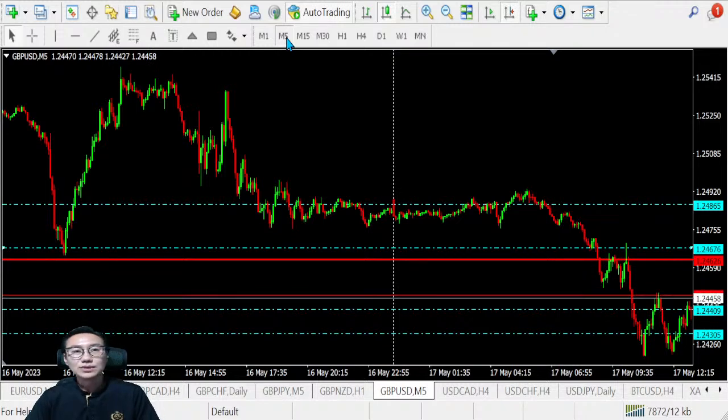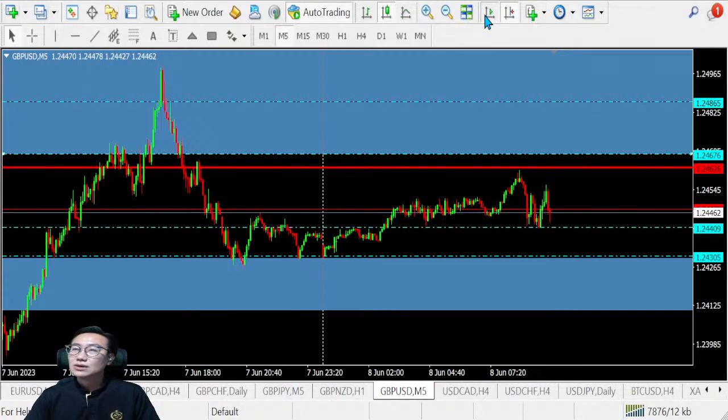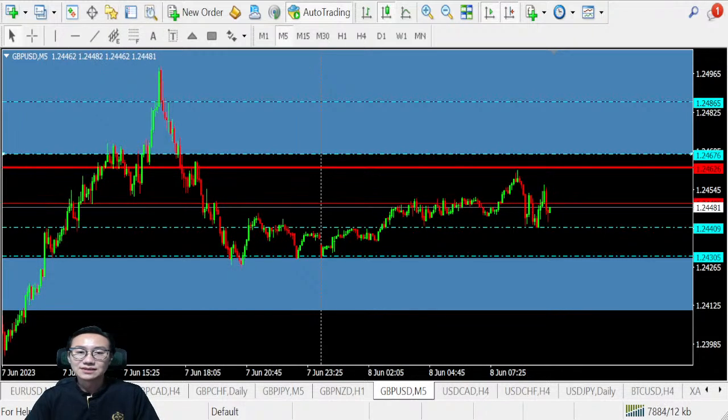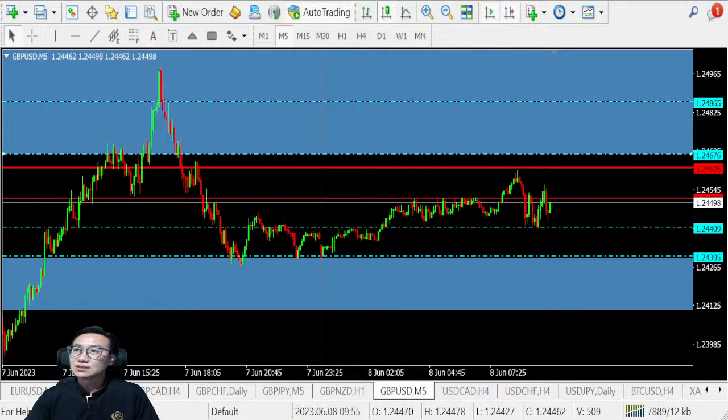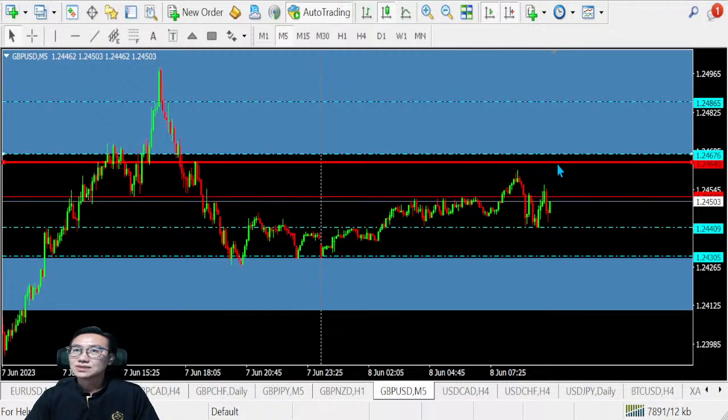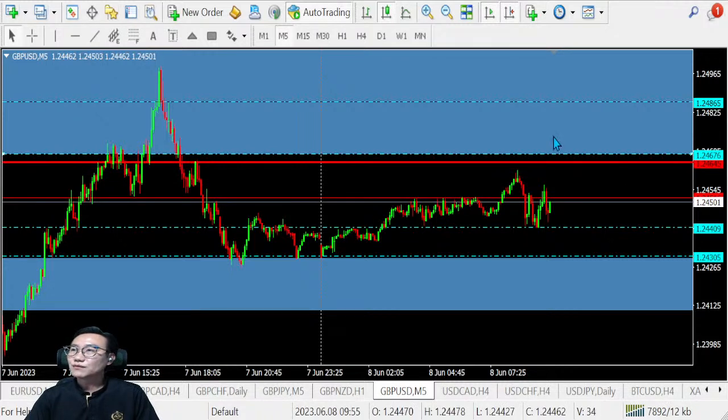We are left with 10 seconds to go. Let's wait and see. If this is going to break above the resistance up here, let's wait for a support.